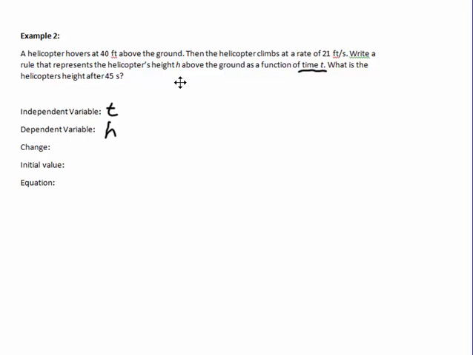Our change is this rate, 21 feet per second. Now we could write that in, but I just want to make sure we collect all of our data first. What's our initial value? Well, it starts at 40 feet above the ground, so our initial value is 40 feet. So now we can write our equation: h equals 21 times t plus 40.